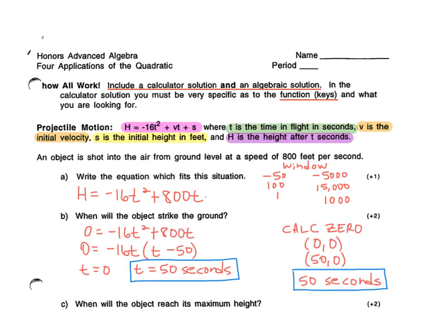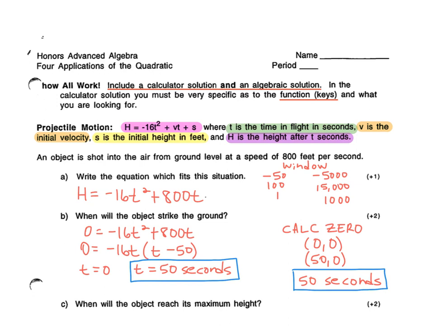All right, so when will the object strike the ground? That means when our ending height, so to speak, is equal to 0. That's what h represents, the height after a certain amount of time has passed. So we set this equation equal to 0. The easiest way to solve it algebraically is to factor out a GCF of negative 16t, and then the remaining part is t minus 50.